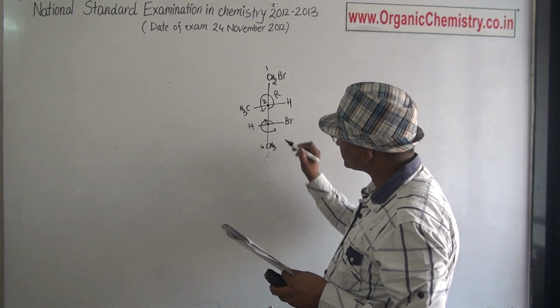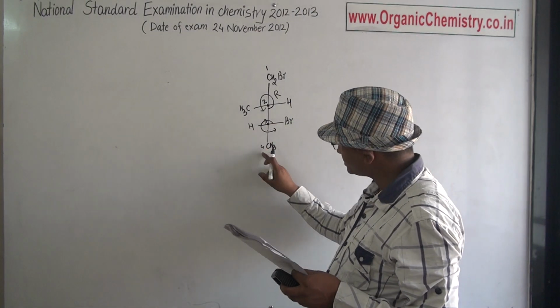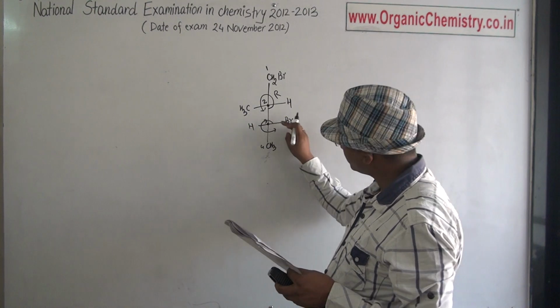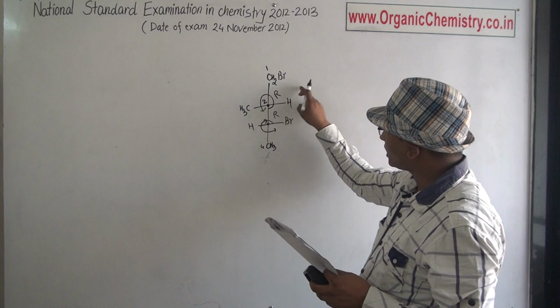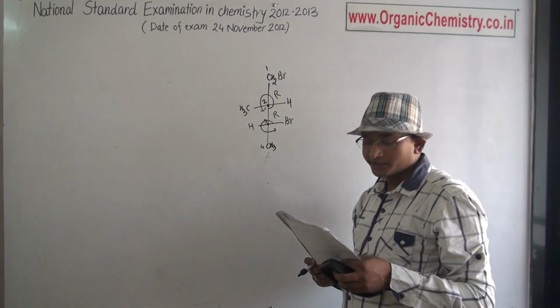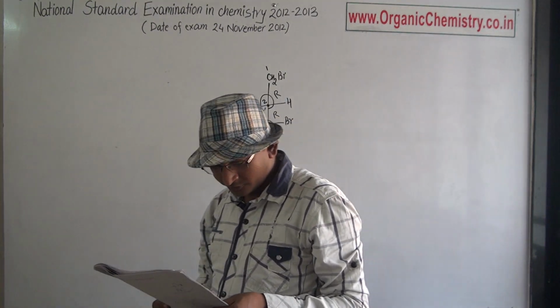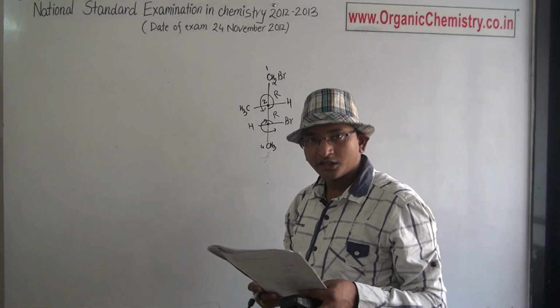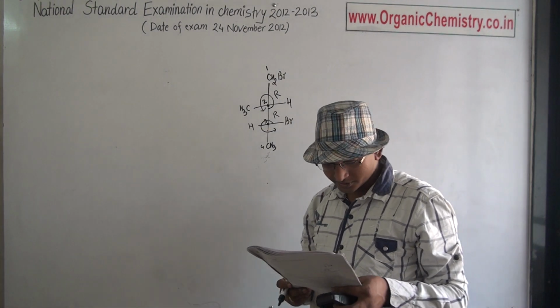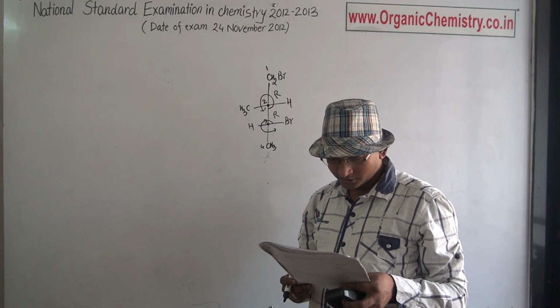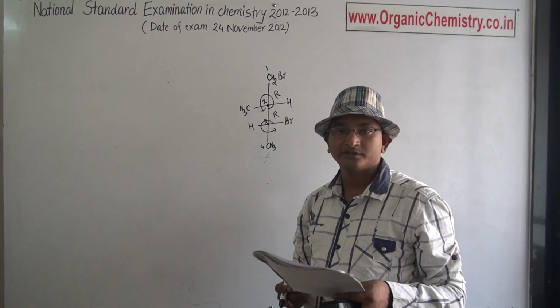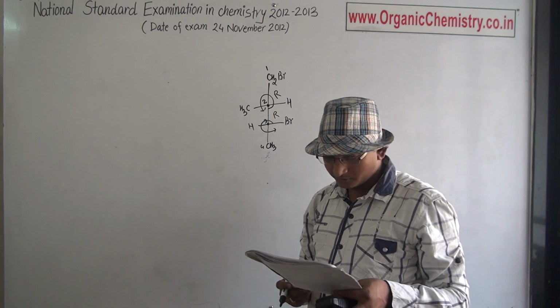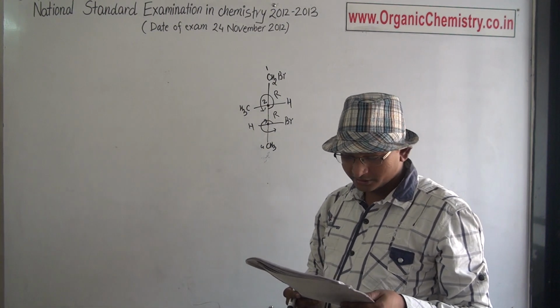This also looks like S. Similarly, one change has to take place and so S becomes R. So the configuration will be 2R, 3R. They have given the options: first, 2S, 3R; second, 2S, 3S; third, 2R, 3R; and fourth, 2R, 3S. So the correct option is 2R and 3R.